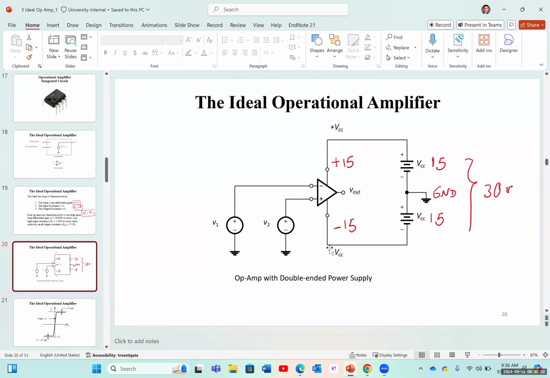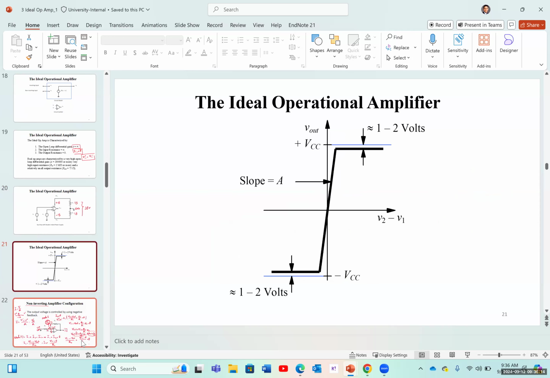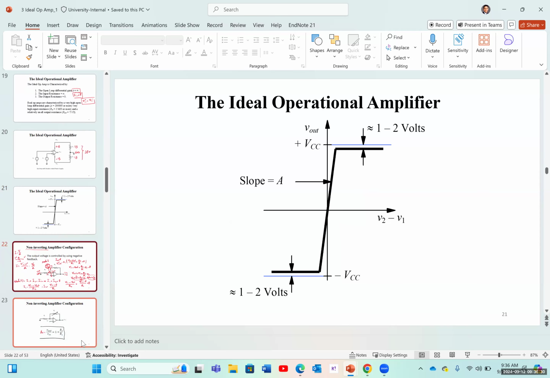And the negative power supply is connected to the negative supply of the circuit. For the ideal op amp, the slew rate is infinite, meaning you would have an instant response, and the output is usually 1 to 2 volts less than the power supply outputs.